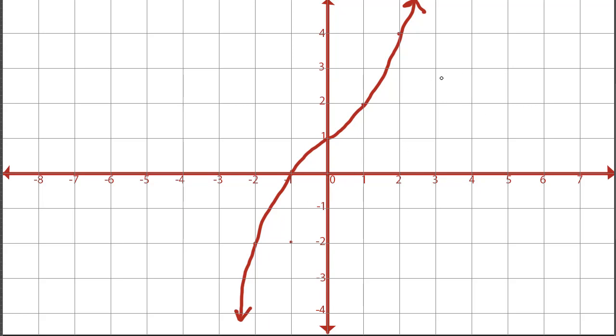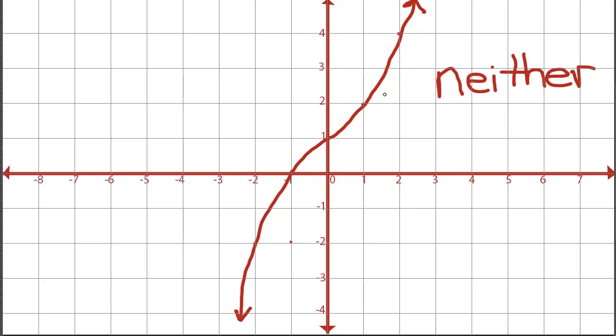Therefore, this graph is neither even nor odd, because it has neither rotational symmetry over the origin of 180 degrees, nor is it symmetric over the y-axis. Therefore, it is not even or odd.